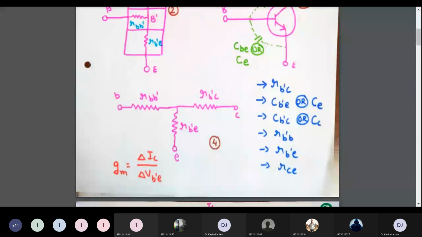The resistance connected between base emitter and collector junction in series. I repeat, the resistance connected between base emitter and collector junction in series.